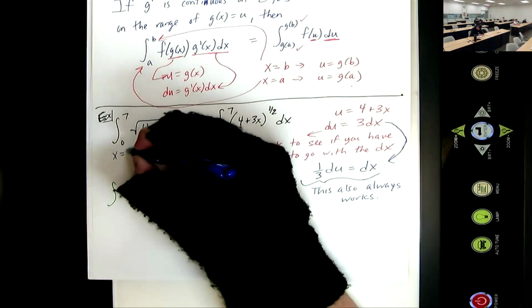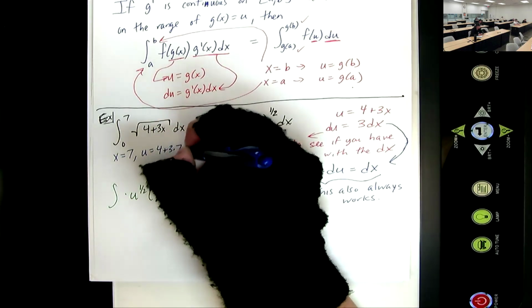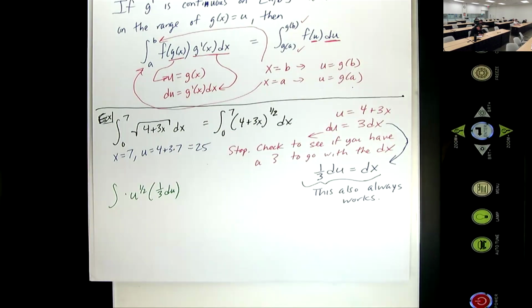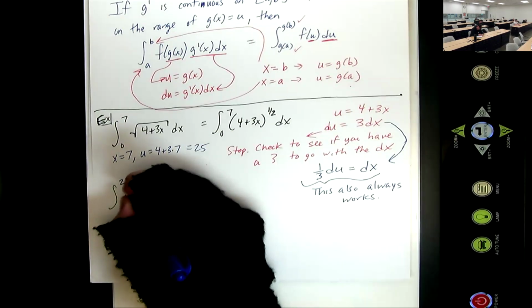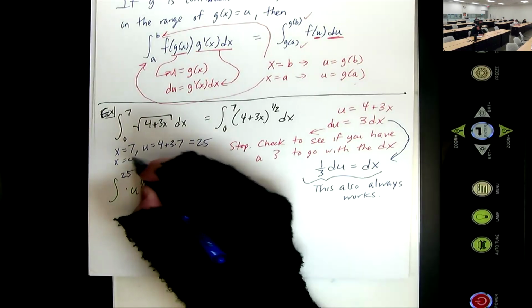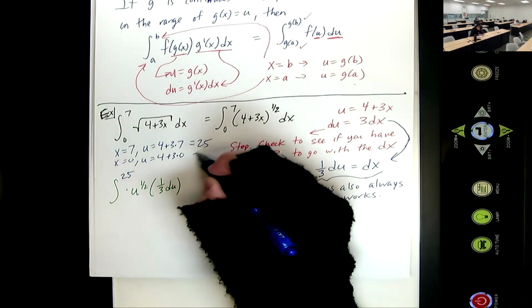When x equals 7, u equals 4 plus 3 times 7, which is 25. When x equals 0, u equals 4 plus 3 times 0, which is 4.